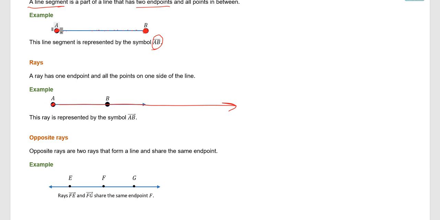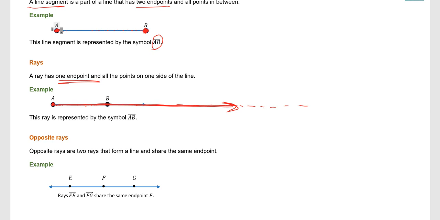But in general, one endpoint and all the points on one side of it. So again, infinitely many points, but they start at this endpoint, and then the points extend all the way out infinitely.